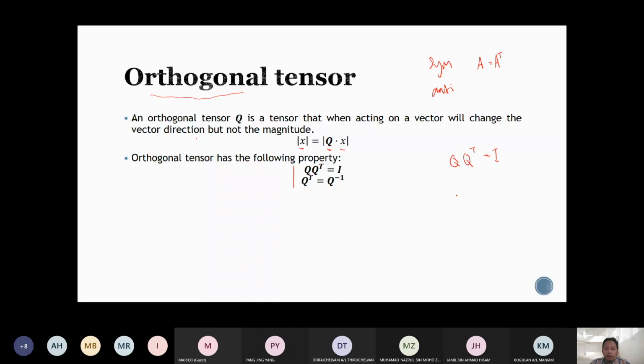Okay, or you can write it q transpose equals q inverse. So tak sama. So antisymmetric is A equals minus A transpose. Okay, so these three properties are important later in next lectures. Okay, there are so many properties of a matrix that cause deformation of something that is actually has properties of orthogonal, symmetric, and antisymmetric. Okay?